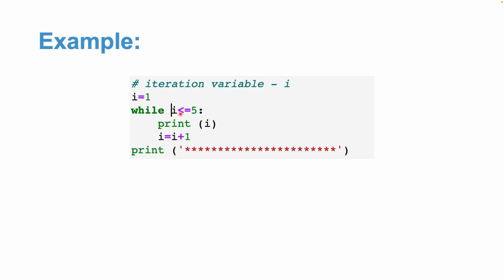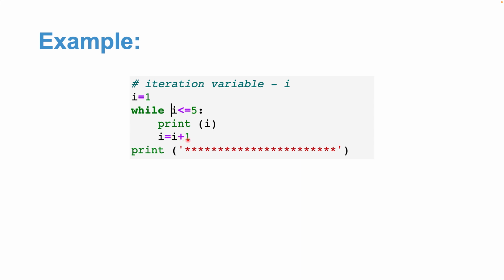So for the first run of this code, this is the way Python will interpret it. It will get the value of i equal to 1. It will print it, so the first output is going to be 1. Then it will add 1 and i will become 2. It will check the condition. The condition is still true, so it will print 2. In the same way, it will print 3 and 4 and 5, because 5 is less than or equal to 5.